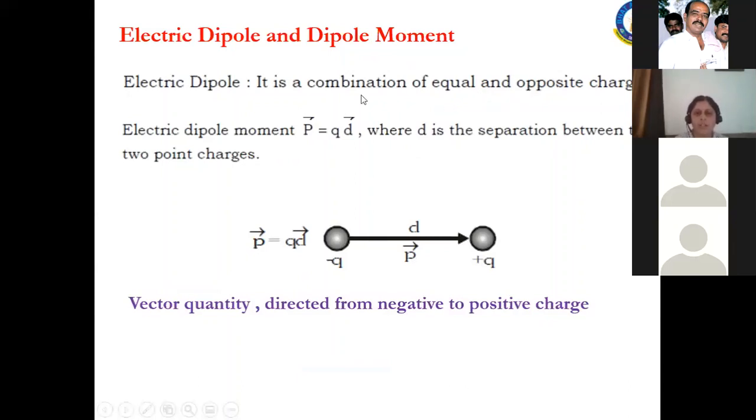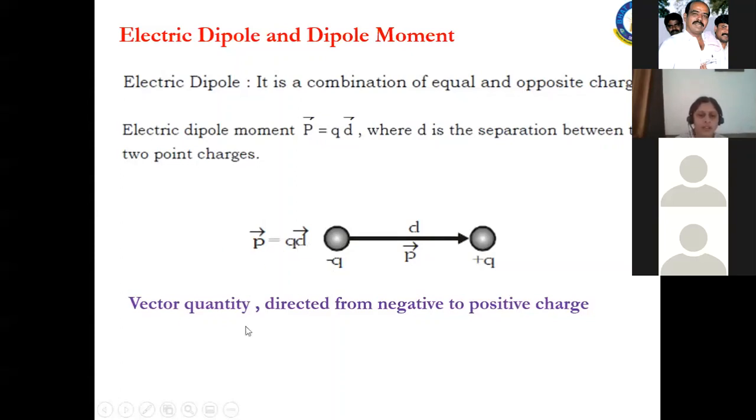If Q is the charge and D is the separation between them, then the electric dipole moment P is given by Q into D. See here, these are the two equal and opposite charges, one is minus Q, another is plus Q, separated by a distance D. Then P is equal to Q into D.